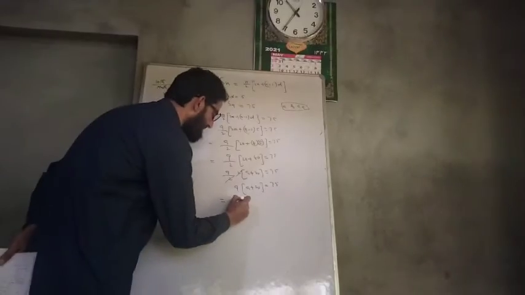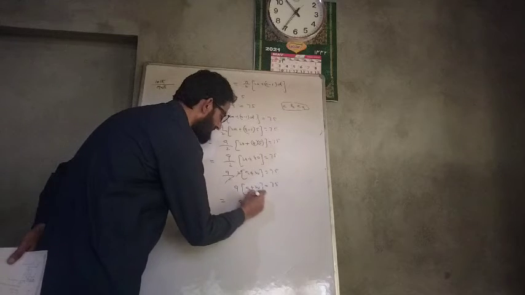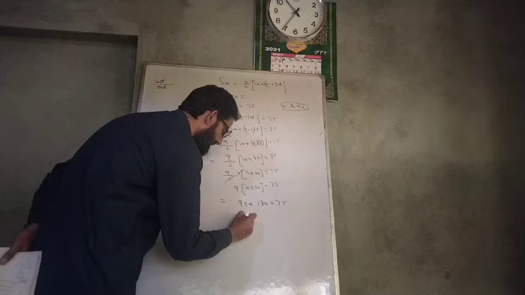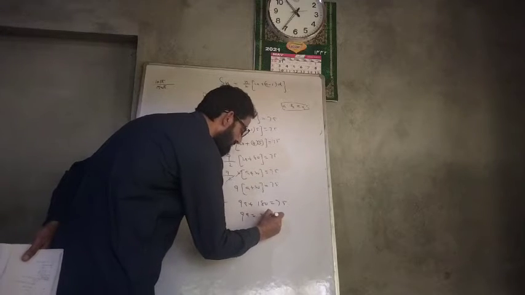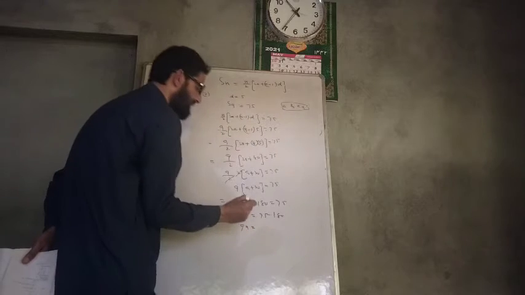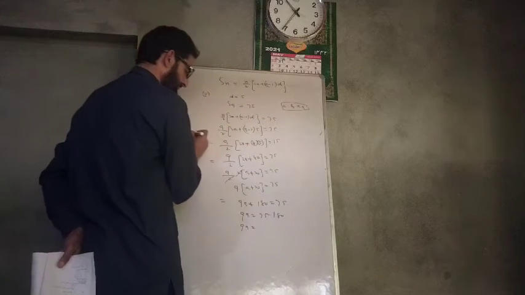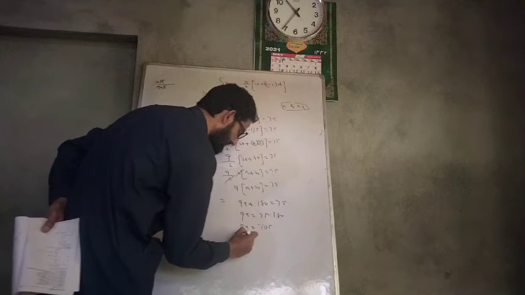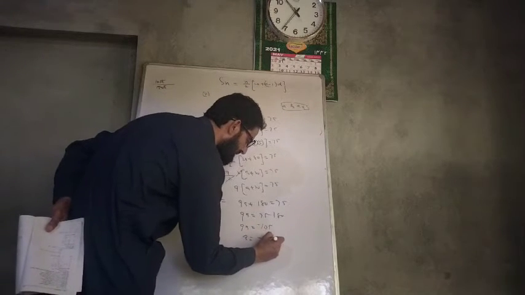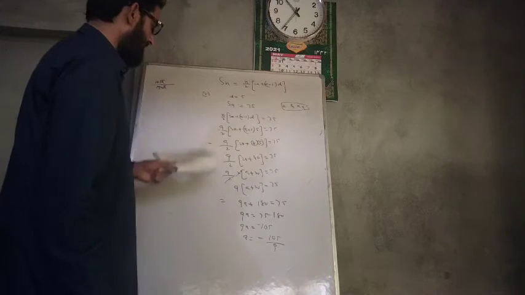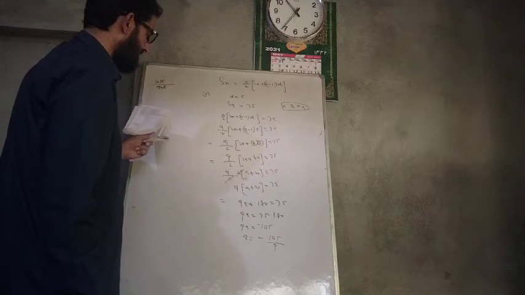Now this is 9a plus 180 is equal to 75. So 9a is equal to 75 minus 180. So 9a is equal to minus 105. So what is a? It is minus 105 divided by 9.